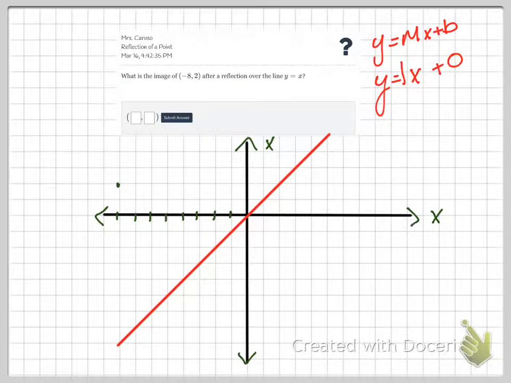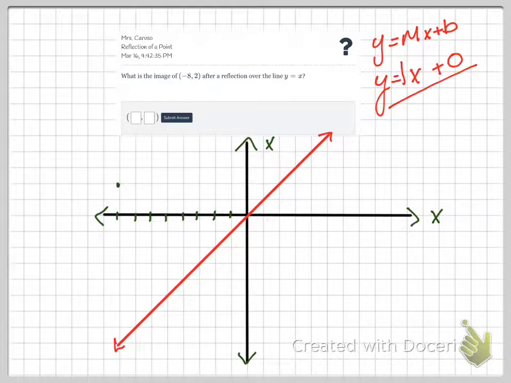And if there's no number or no letter, it's a 0. So my equation of a line, y = 1x + 0, is graphed going through the origin and having a rise-run of 1 to 1. This is kind of old stuff, guys. We're supposed to remember that, so maybe go back over another video that goes over graphing if you're confused as to how I got that.